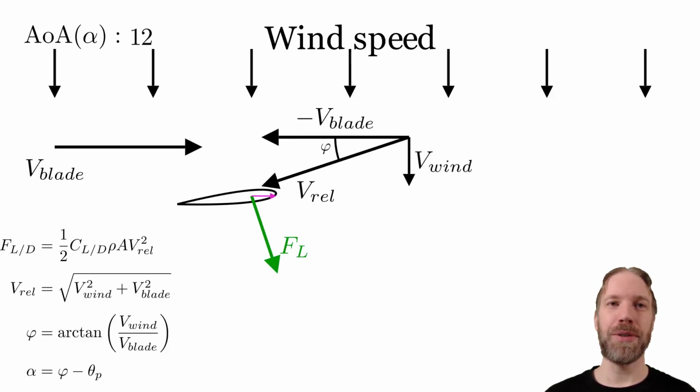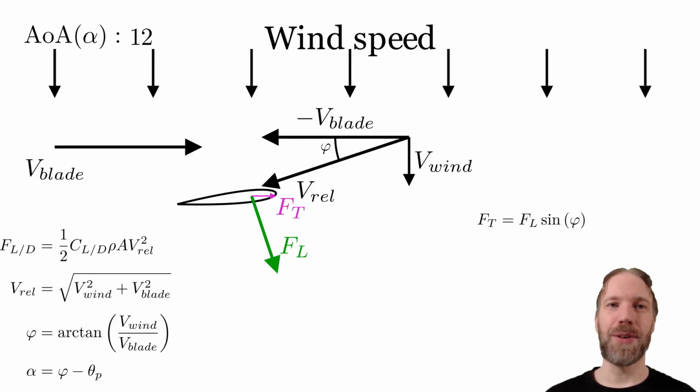It's only the component of the lift force that is pointing forward that will move the blade forward. Call the projection of the aerodynamic force in the direction of the movement the tangential force, Ft. The tangential force can be calculated from the lift force by multiplying it with sine of the angle of relative wind.